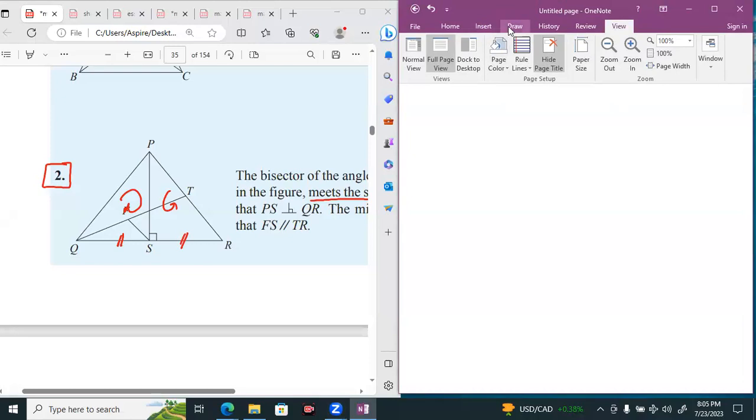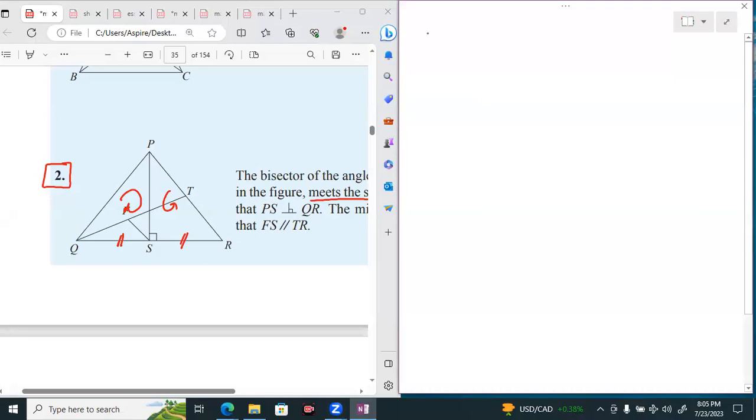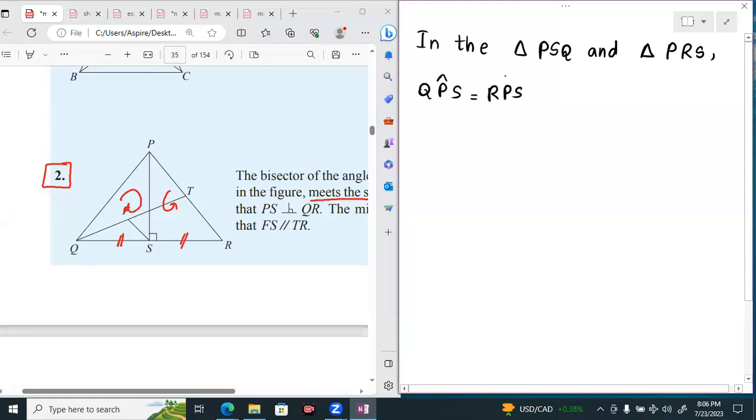Okay, first of all, I start to show that these two triangles are congruent to each other. In triangle PSQ and triangle PRS, write the elements. Angle QPS equals angle RPS.